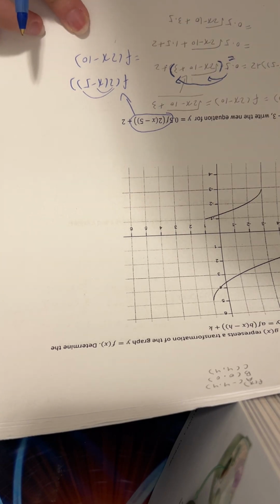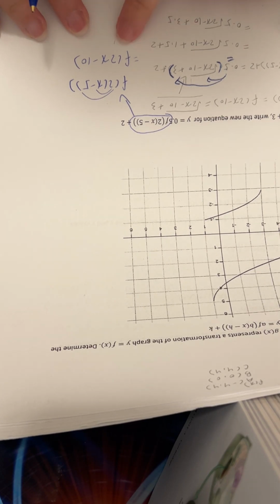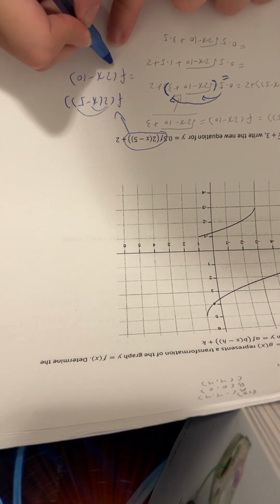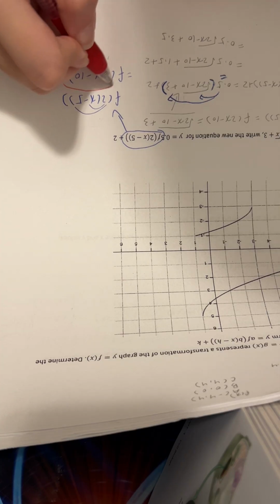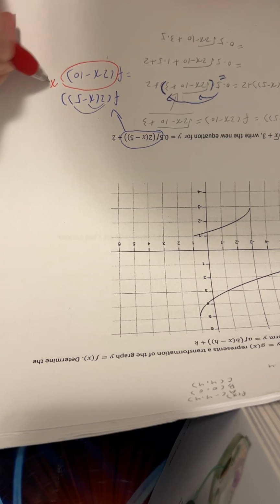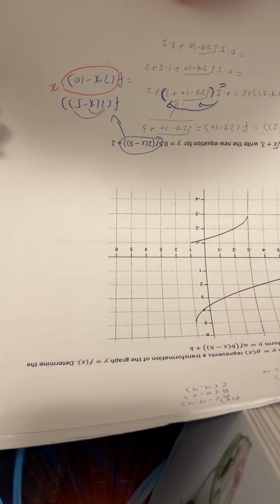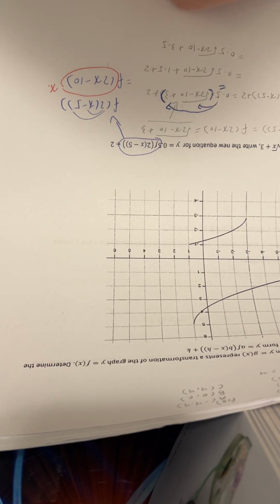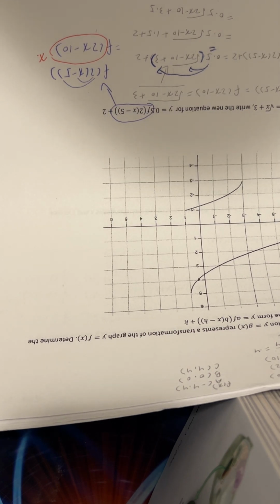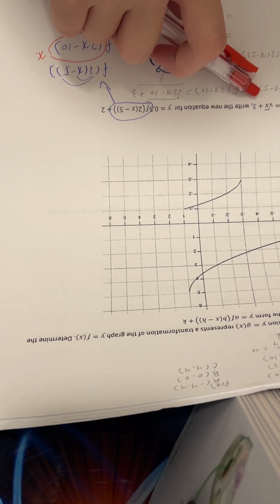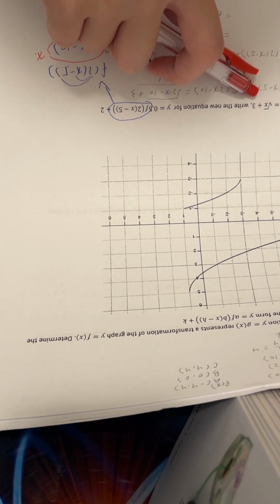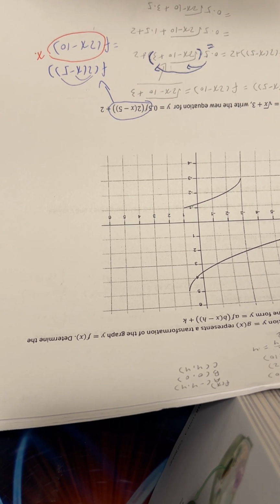Right here, you can treat this entire thing as x. It's the same thing as you did in the graphing, like the one I was talking about earlier, for example, f of x equals square root of x, and then you just plug it into another question.